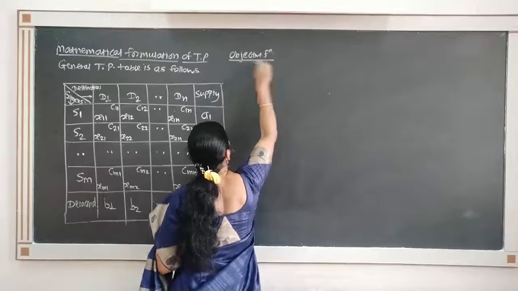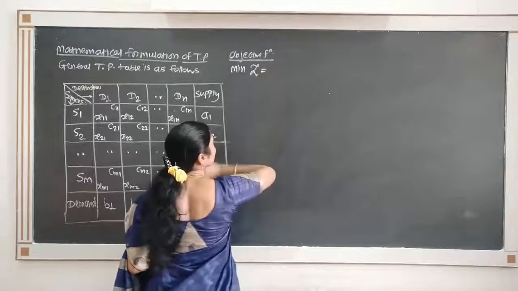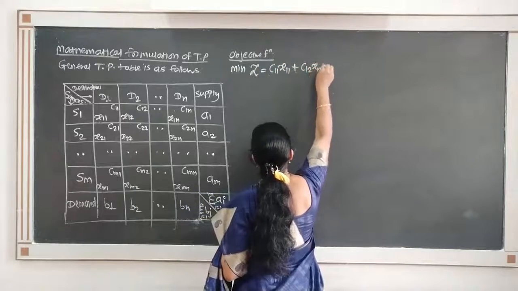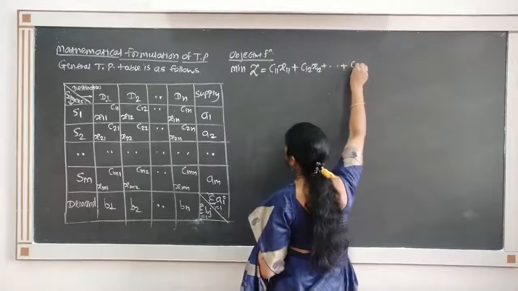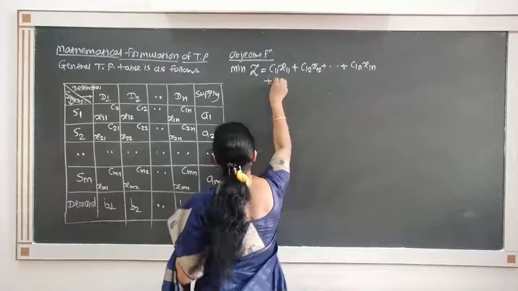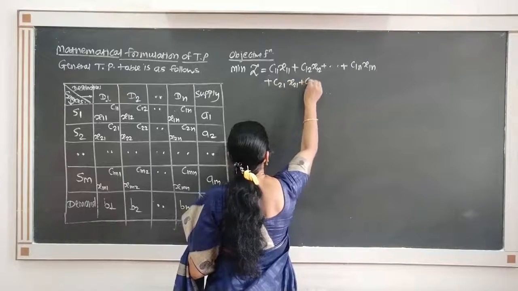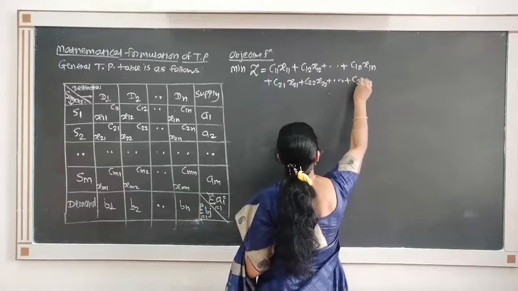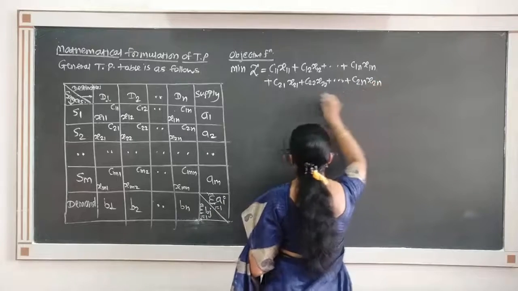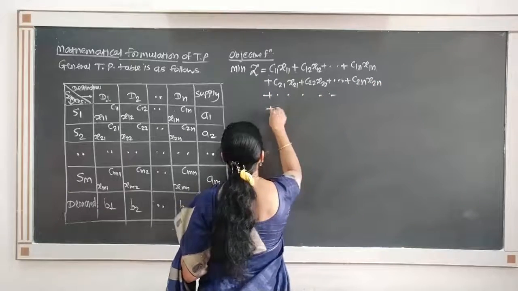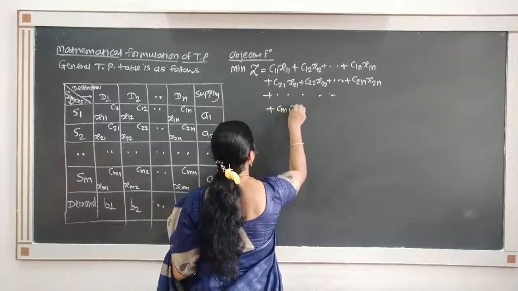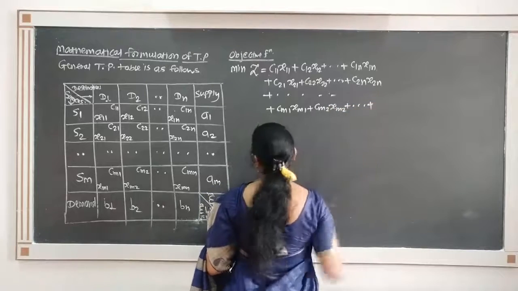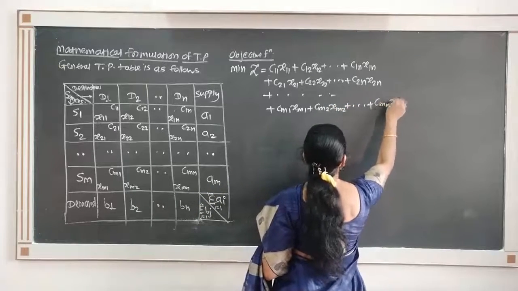So what is our objective function? Objective function is to minimize the total transportation cost Z, which is equal to C11 X11 plus C12 X12 plus so on, plus C1n X1n plus C21 X21 plus C22 X22 plus dot dot dot plus C2n X2n plus, and lastly Cm1 Xm1 plus Cm2 Xm2 plus dot dot dot plus Cmn Xmn.